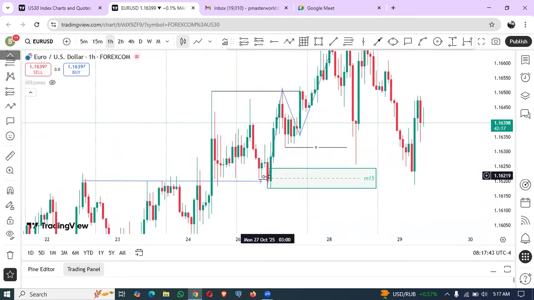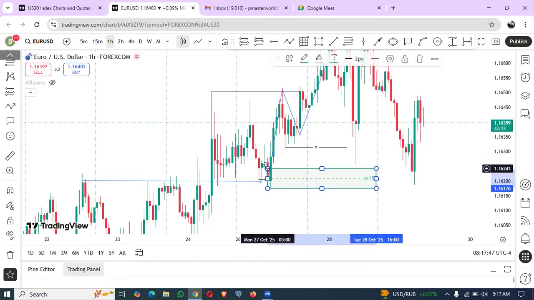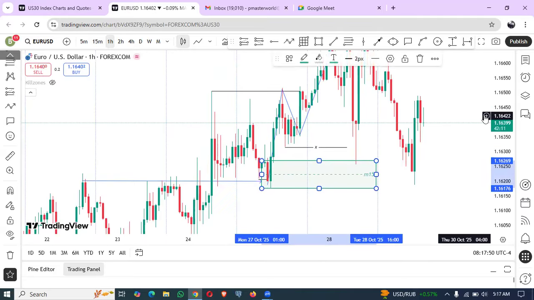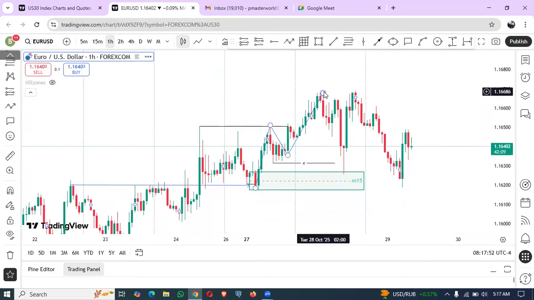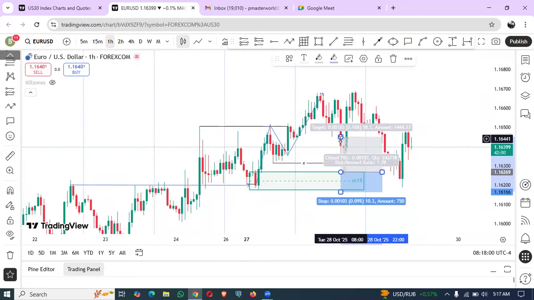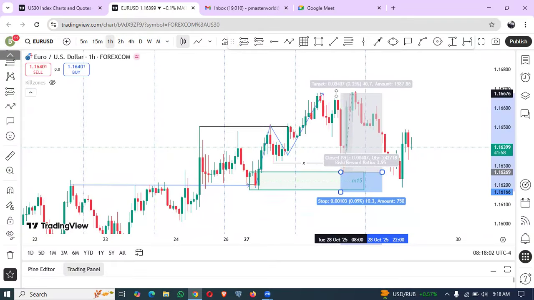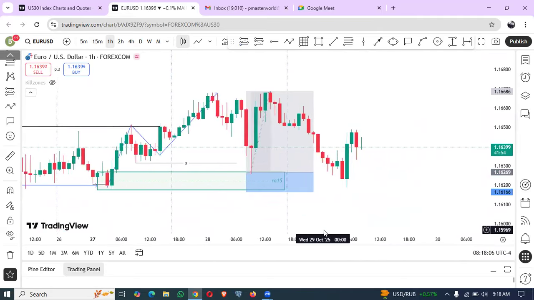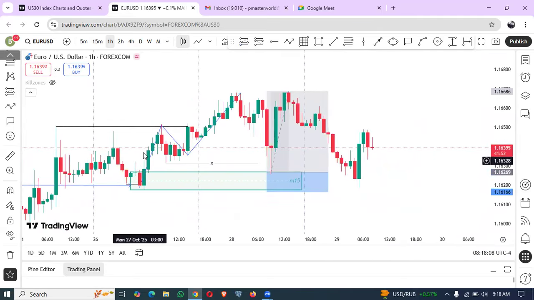And if you check here now, we had this small red candle engulfed by this green candle. You mark it as your point of entry, target the highs, and that was it. You had entered here, SL below. That's a nice clean four arrow trade.